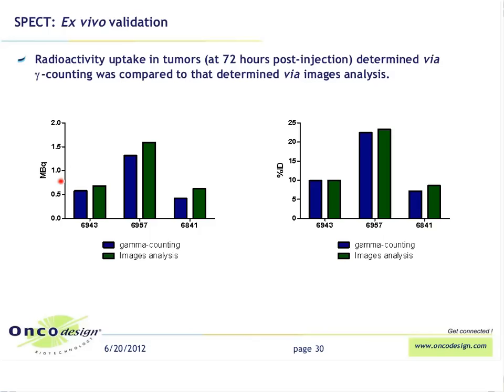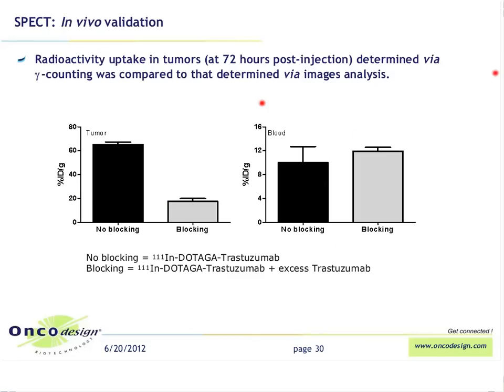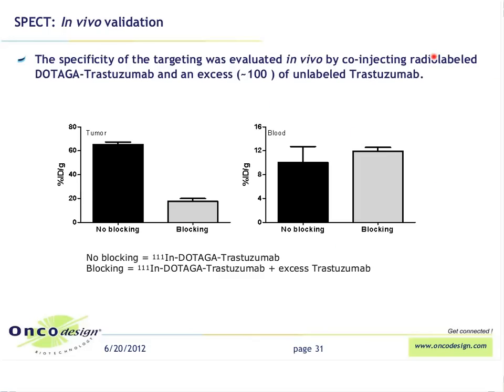The last control to perform is to evaluate the specificity of this radiolabeled agent, the modified antibody, by performing co-injection of radiolabeled antibody in the presence of an excess of unlabeled antibody.